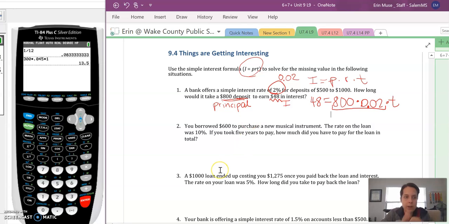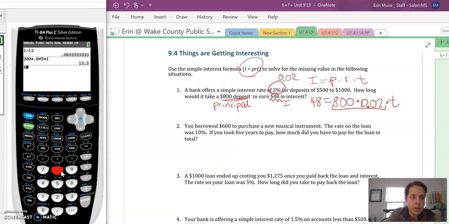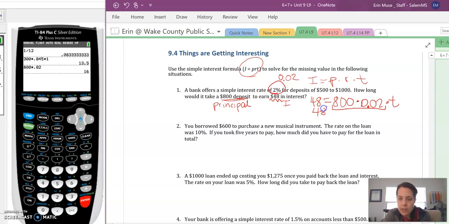I'm going to multiply 800 times 0.02, and I get 16. So 48 equals 16 times t, and then to get t, I have to divide by 16. So when I do 48 divided by 16, I would get 3. So in this case, it would be 3 years because my time comes out as years.